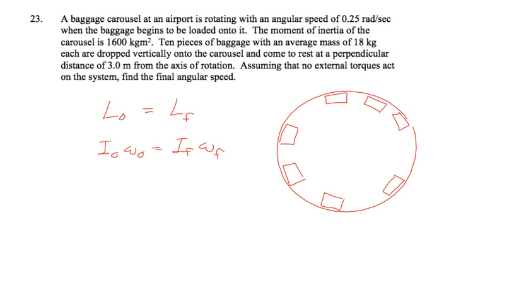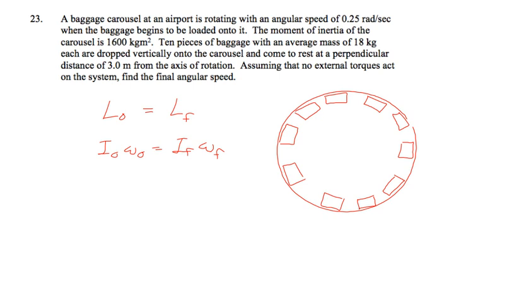And they all, let's see, 1, 2, 3, 4, 5, 6, 7, 8, put 1 here, 9, and 10. They don't have to be equally distributed. They're just all at that distance away.